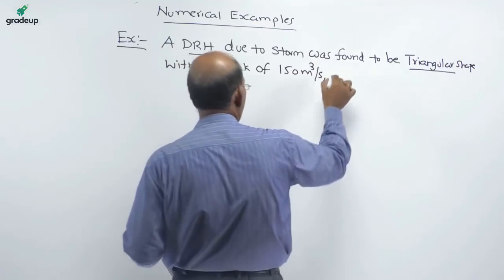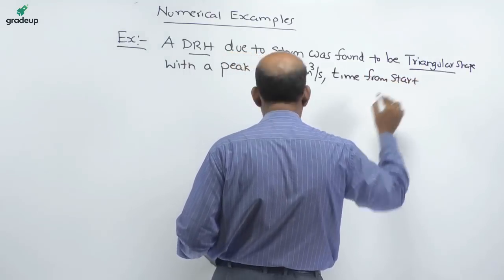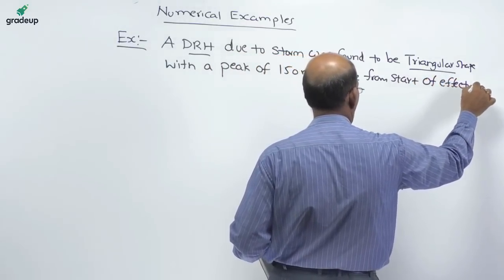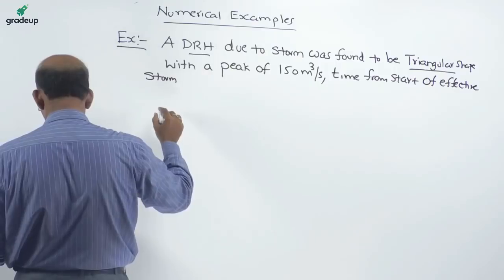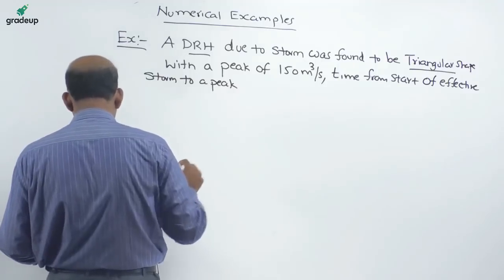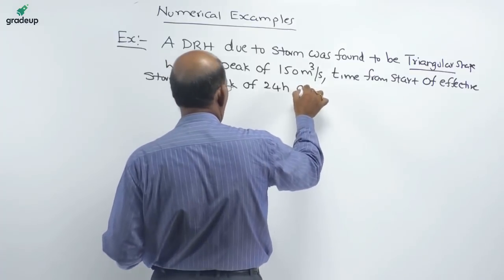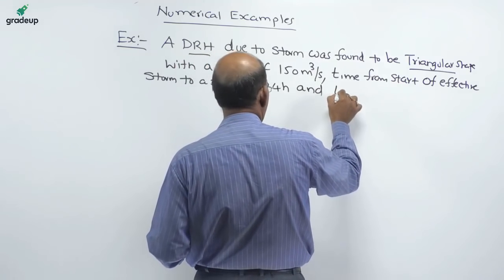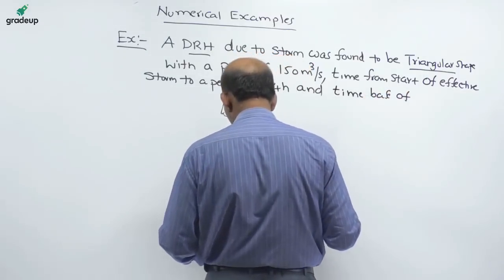The time from the start of the effective storm to the peak is 24 hours and the total time base is 72 hours.